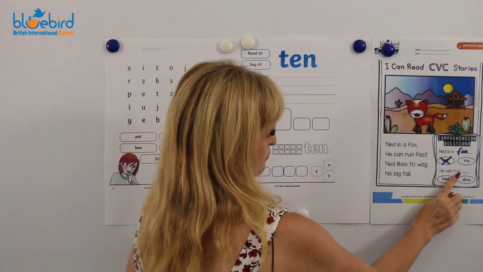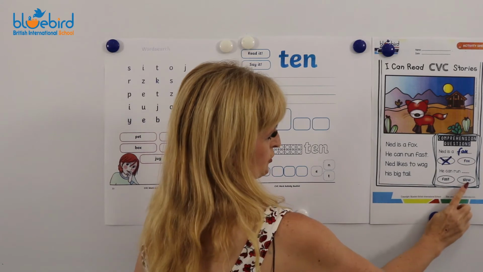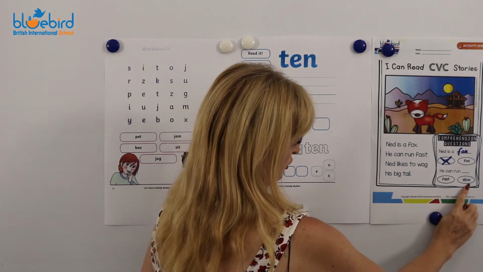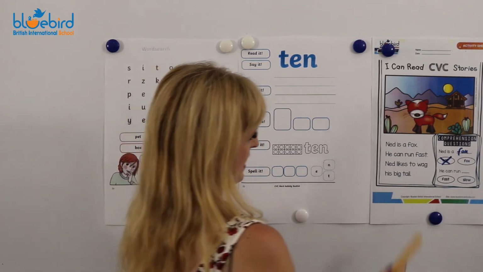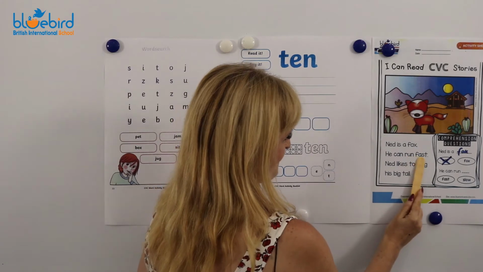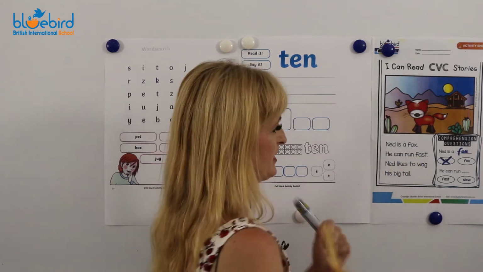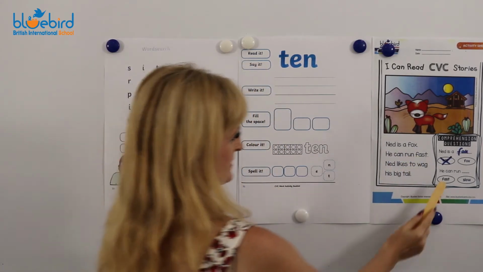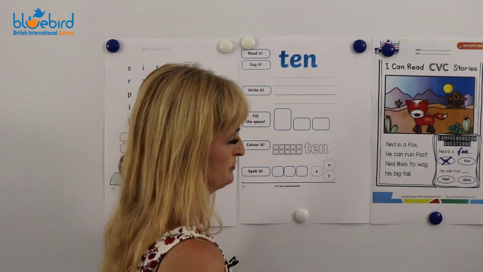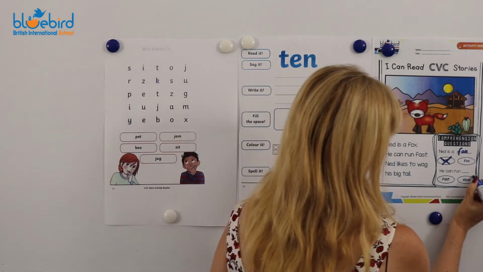He can run fast or slow. So let's find out. He can run fast. So he can run very fast. So he can't run slow.